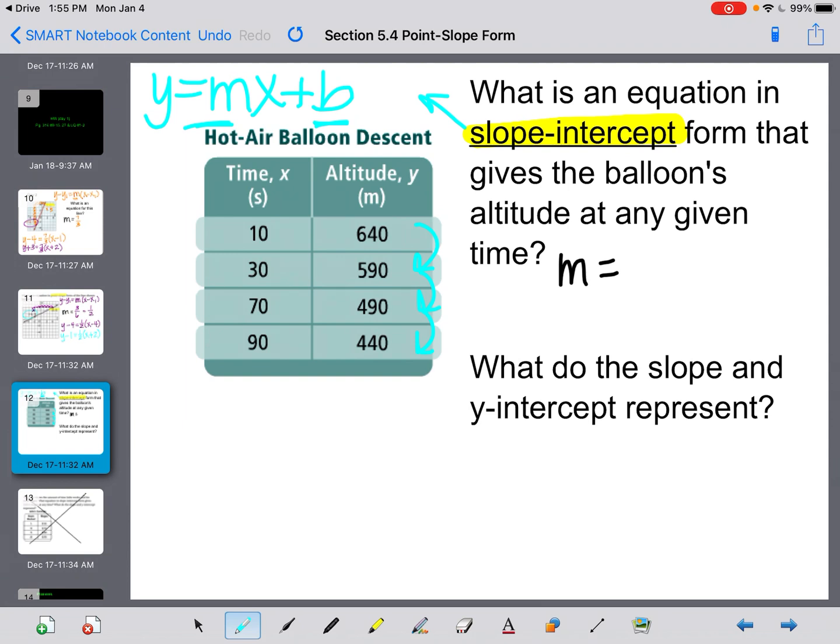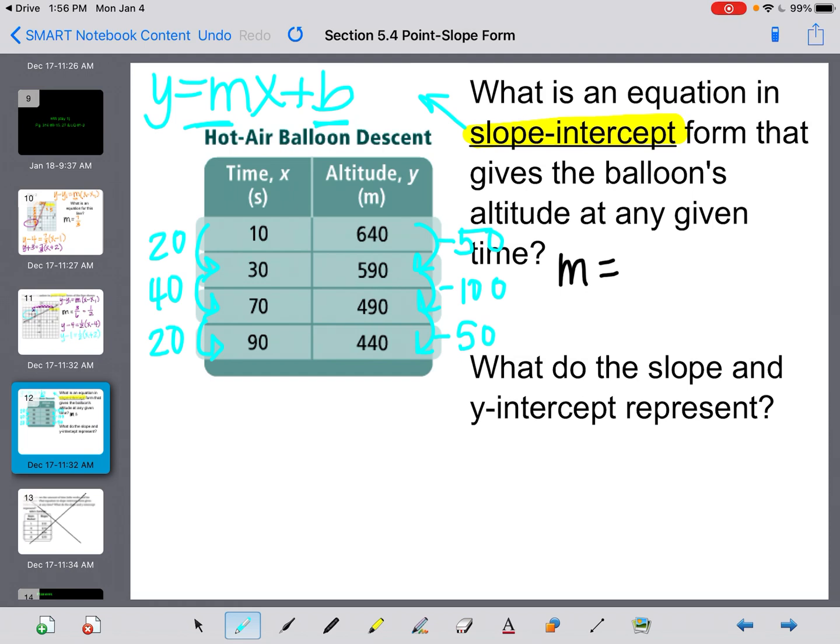Okay, and on the y side, it looks like we're going down 50, but then down 100, and then down 50. Okay, let's check the x side. Looks like this went up 20, but the next one went up 40, and then again only up 20.